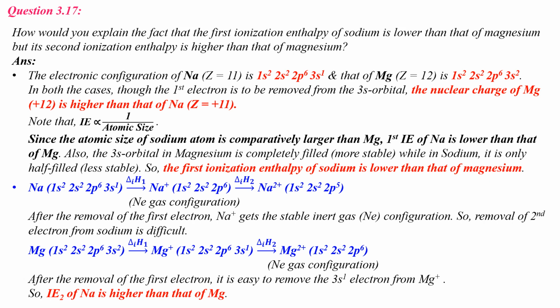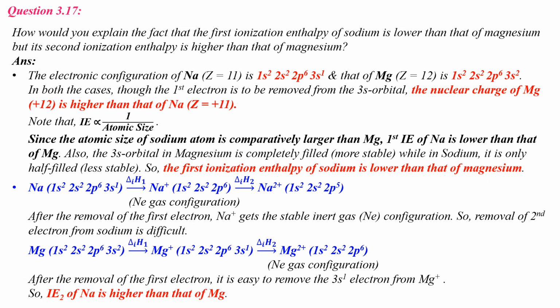So the first ionization enthalpy of sodium is lower than that of magnesium because it is easier to remove an electron from a larger atom when compared to removing an electron from a small atom. See, sodium with electronic configuration 1s2, 2s2, 2p6, 3s1 loses an electron and forms Na+ with 1s2, 2s2, 2p6 in the first.